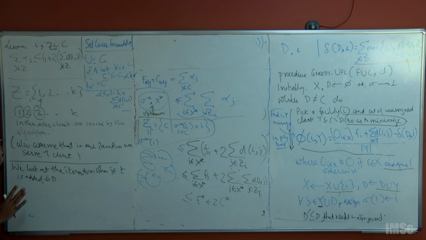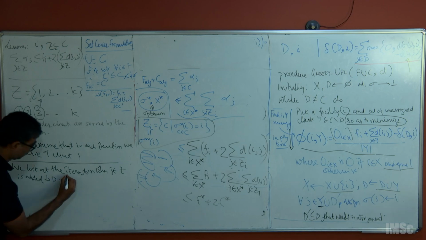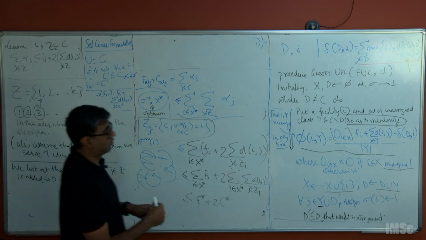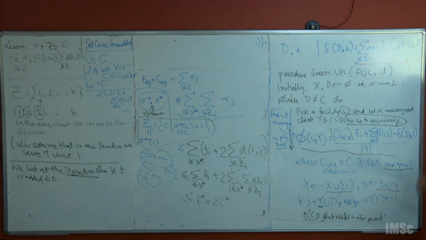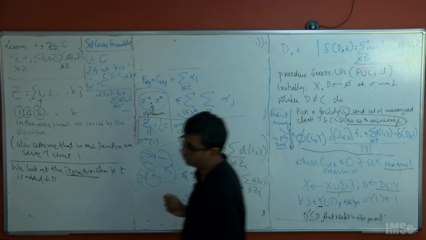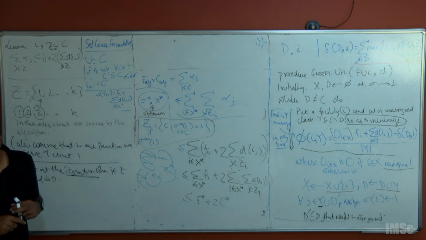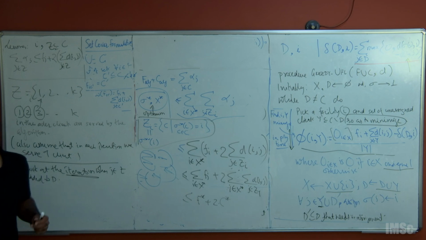Because this is an iterative algorithm, at some point of time my client j is served, so I'm looking at that iteration. What does the algorithm do at this point of time?